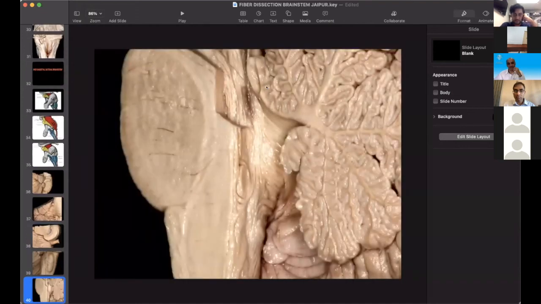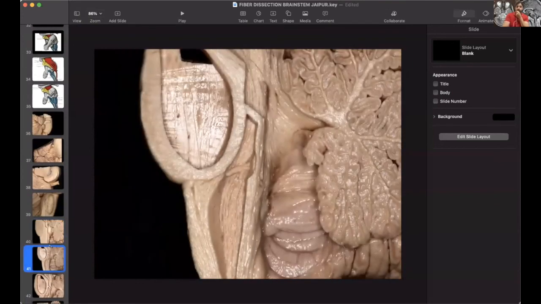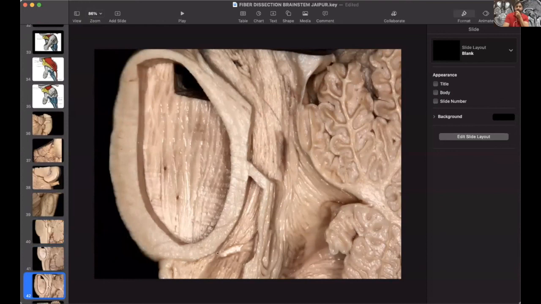But this is the view of the cut section showing the roof here, and we have the sixth nerve nucleus here and the facial nerve here. So this is again showing the track of the sixth nerve going into the pontomedullary sulcus here.